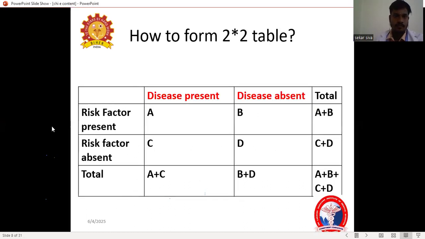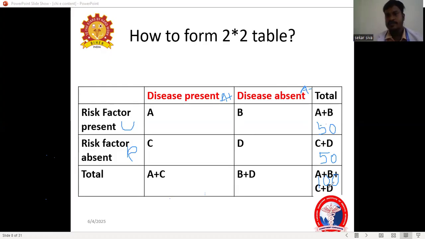So overall 100 members, in that 50 belong to urban, 50 belong to rural. Anemic present and anemic absent.